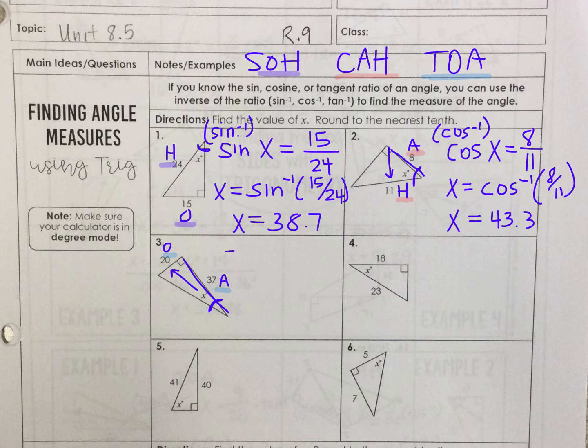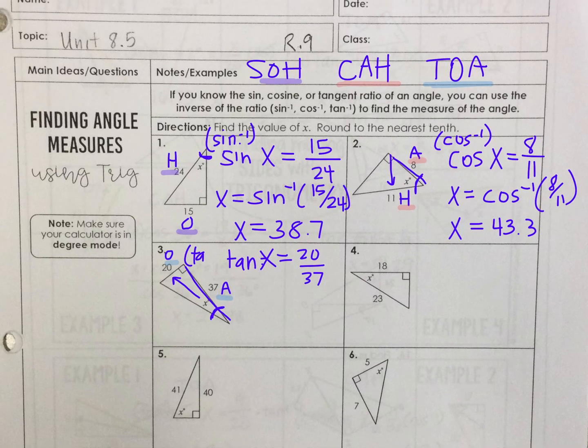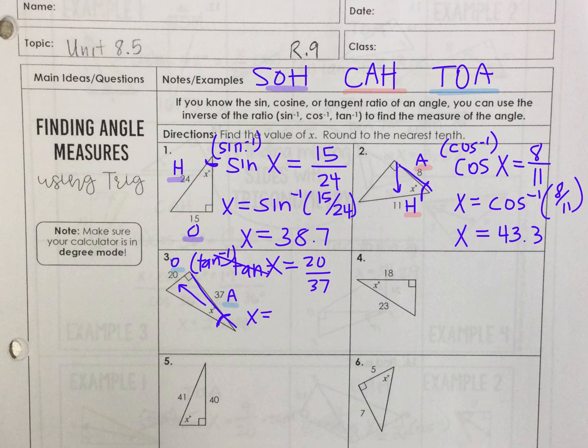So I've got my tangent of x equals opposite, 20, over adjacent, 37. Same thing. In order to get rid of that tangent, I have to multiply both sides by the tangent -1. So x is going to equal tangent -1 of 20 divided by 37. If you type that in your calculator, you're going to get 28.4.